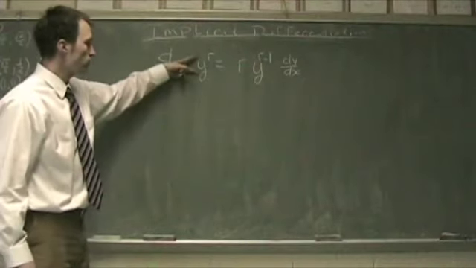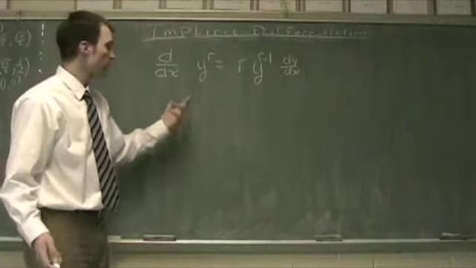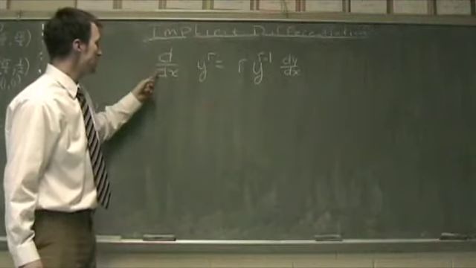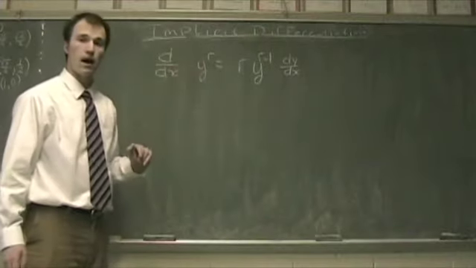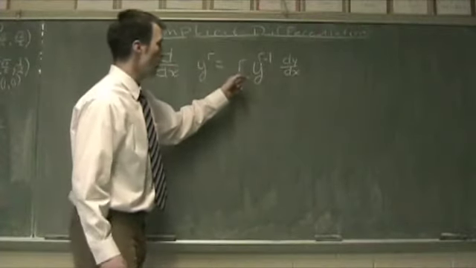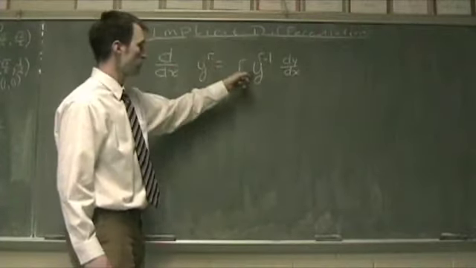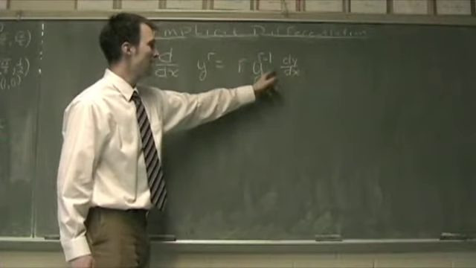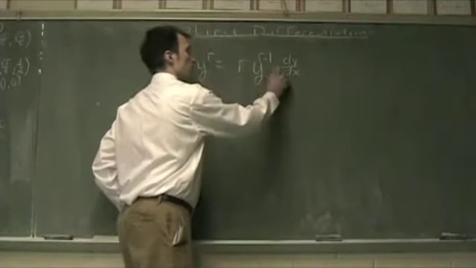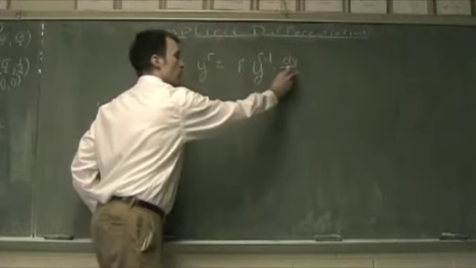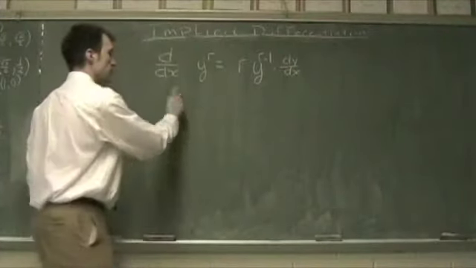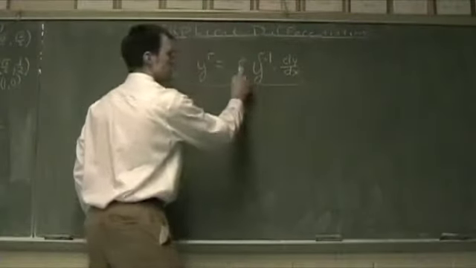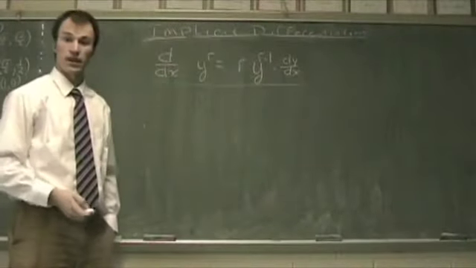So here we assume that y is a function of x, and if we have d/dx, the derivative with respect to x, of y to the r power, this is equal to r times y to the r minus 1 times the derivative of y with respect to x. This is going to be key. So you're just going to want to keep that in mind. This is general power rule with a different function.